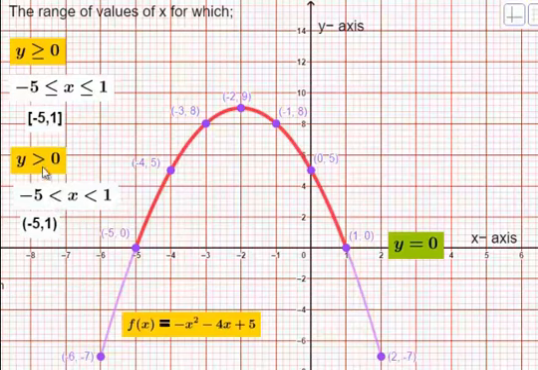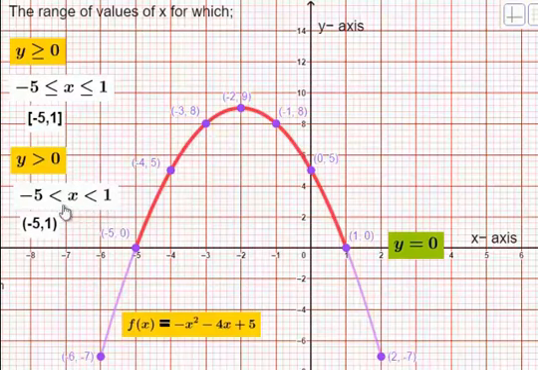But for this one, because 0 is not included in our answer, and -5 has a value of y being 0, and that of 1 has a value of y being 0, we exclude them from our answer. That's why you don't have the equal to sign beneath the inequality signs.